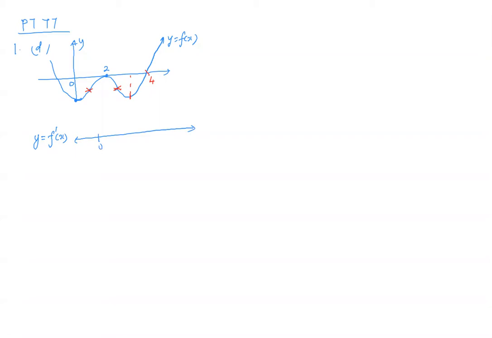So can I let this be k? So it's easier for us. And I let this be p and let this be q. Can or not? Okay, so you have to mark down your own if the question didn't. Okay, so now 0. So it means that f prime 0 equal to f prime 2 is equal to f prime k equal to 0. Agree with me?